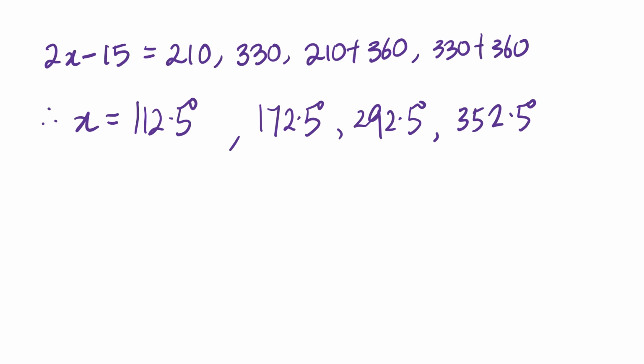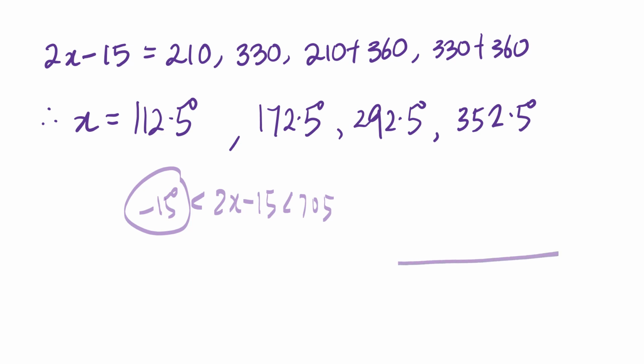So how about the negative angle? Because remember the range is between negative 15 to 705. Then how about this one here? If you're dealing with angle that's measured in the clockwise direction, for sine to be negative, then you will come from the first and the second, right?